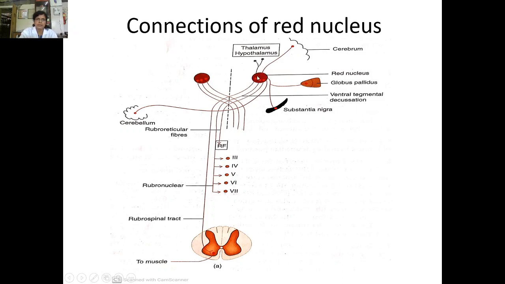Then the main efferents of this red nucleus cross in the midline in the ventral tegmental decussation, and they descend downward as the rubrospinal tract, then rubronuclear tract, which ends in relation with the third, fourth, fifth, sixth and seventh cranial nerves, and these rubroreticular fibers.